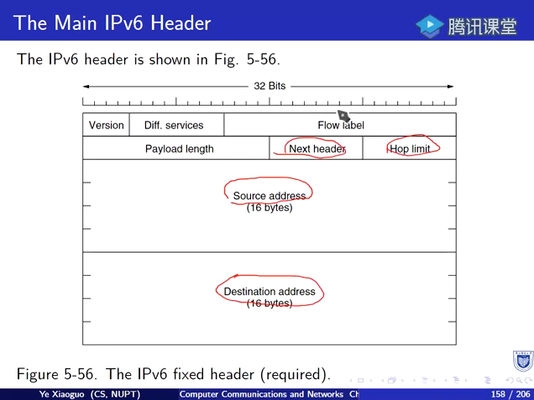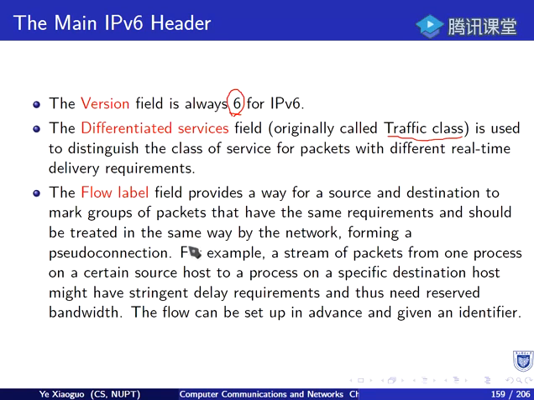The flow label field provides a way for a source and a destination to mark groups of packets that have the same requirements and should be treated in the same way by the network, forming a pseudo connection.